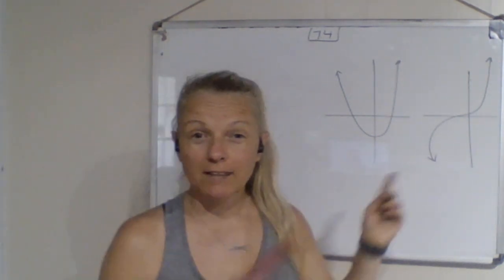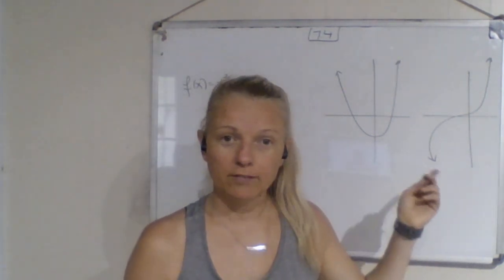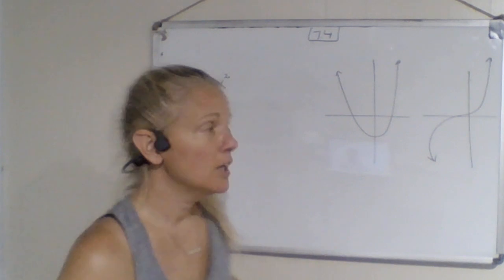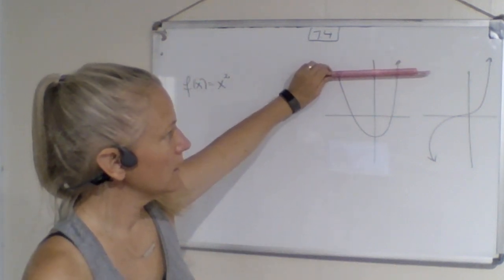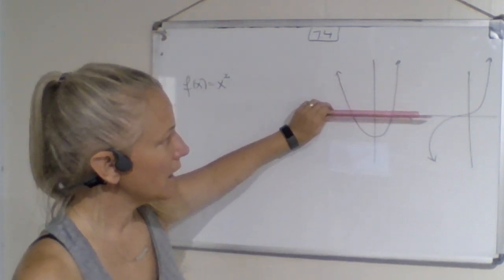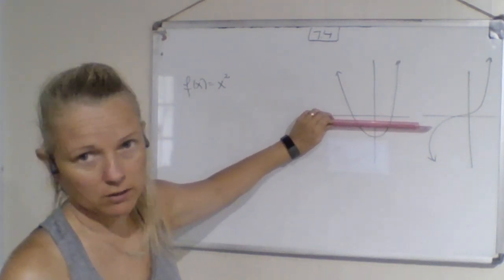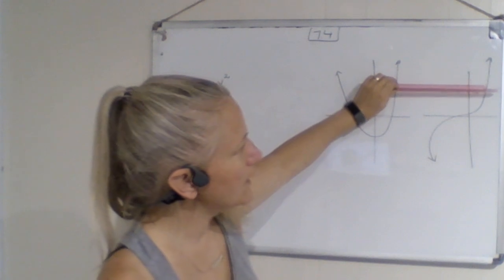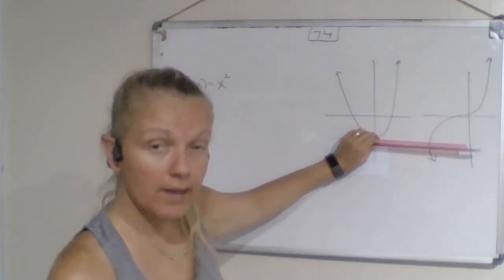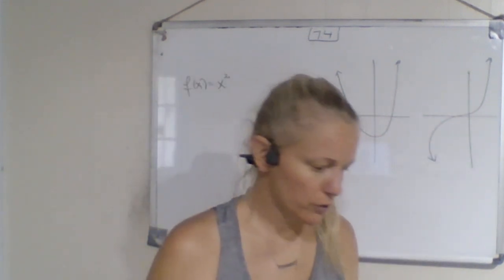In order to find if that function has a real function as its inverse, you're going to take the horizontal line. If it touches in more than one place, then the inverse is not a function. If it only touches once with a horizontal line, then the inverse is also a function.